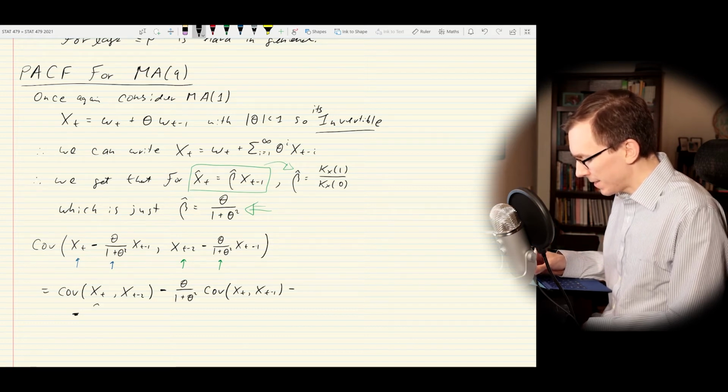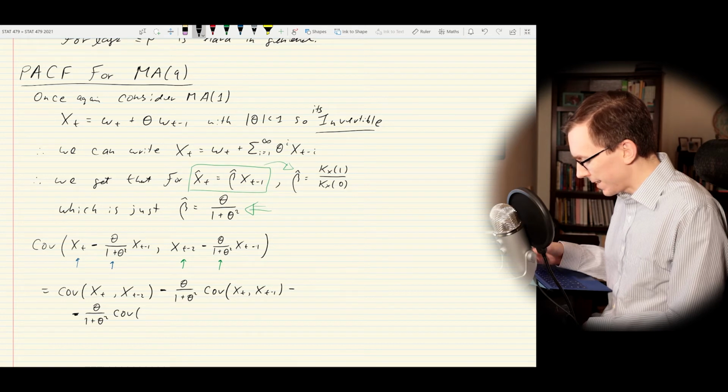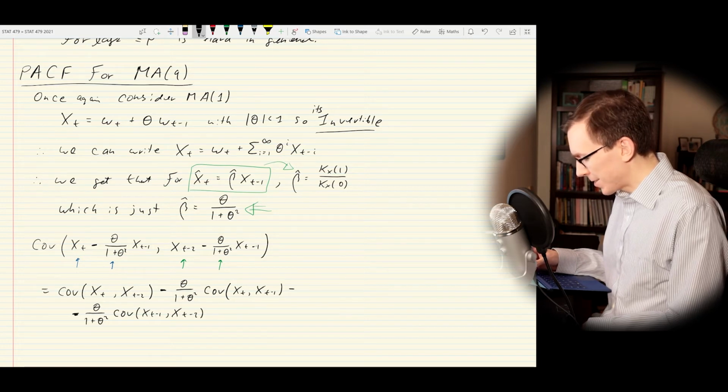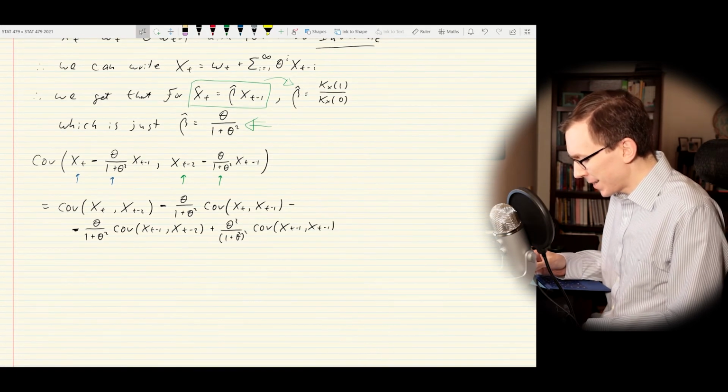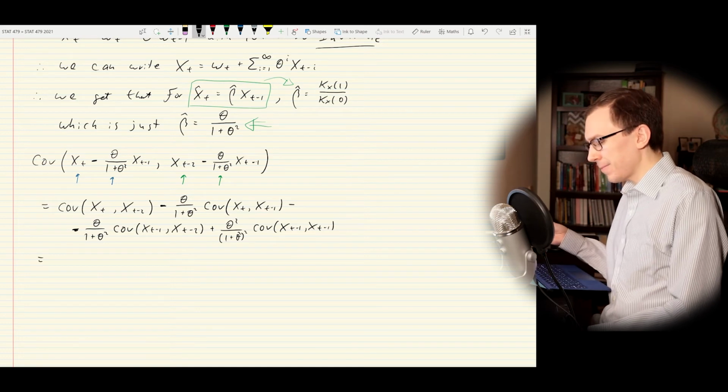The next guy is going to be theta over 1 plus theta squared, covariance of xt minus 1 and xt minus 2. And the very last term is going to be theta squared over 1 plus theta squared, and the covariance between xt minus 1 and xt minus 1. Phew. All right, so we got all of that. What in the world is this?